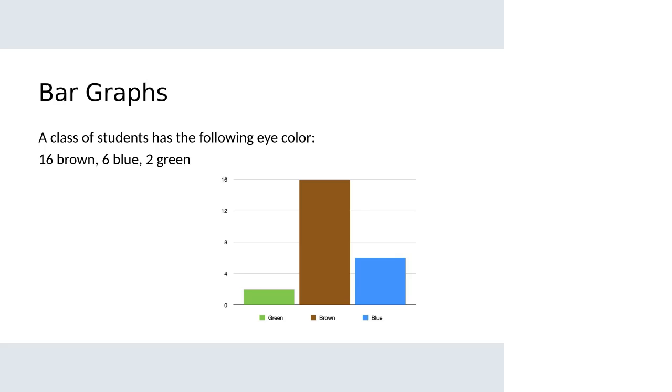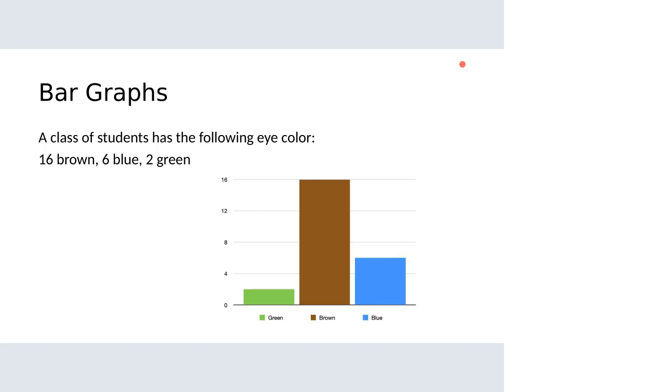The tallest bar has the highest number of data points in there. And then the other thing that we talked about with bar graphs is these categories could be arranged in any order. So if I looked at this bar graph, I'm like, that's fine, but it seems like it would make sense to me if you went from highest first, then the one in the middle, and then the lowest over here on the right.